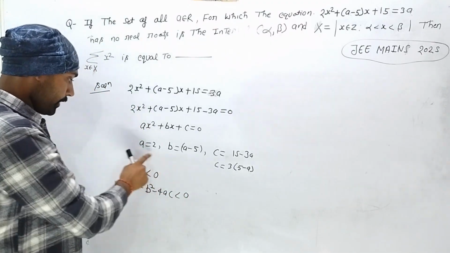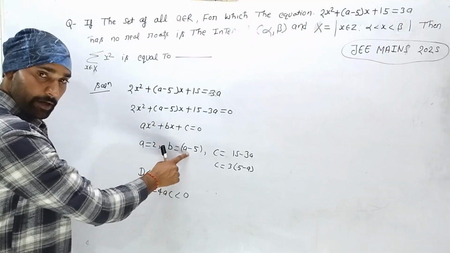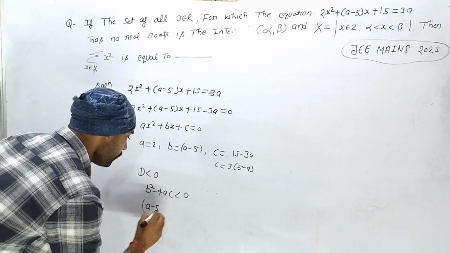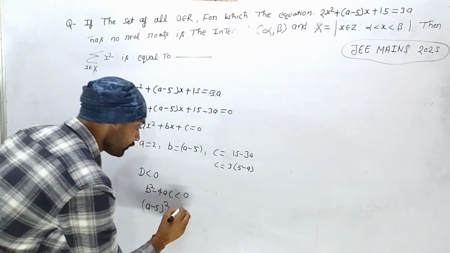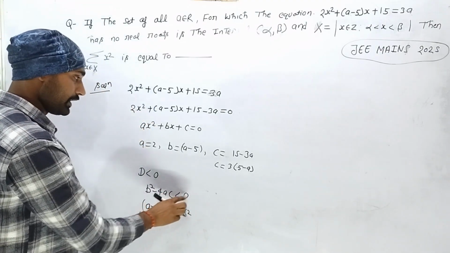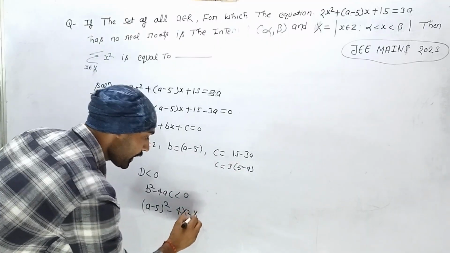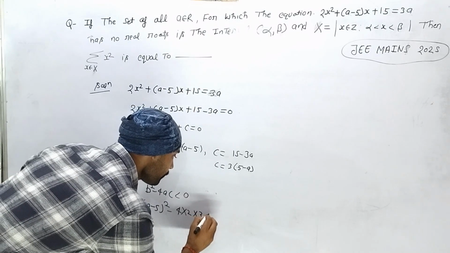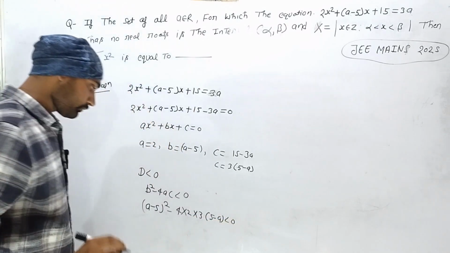If we put the values of a, b and c: b is a minus 5, whole square, minus 4 times a, which is 2, times c, which is 3 times (5 minus a), less than 0.